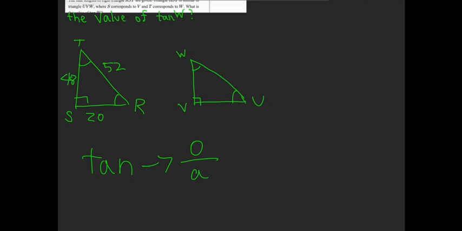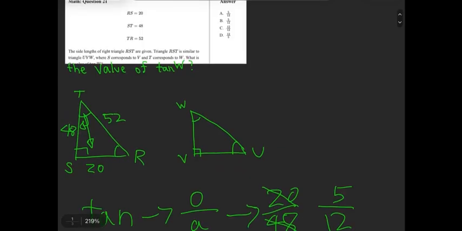The opposite of T is 20. The adjacent of T is 48. Therefore, tangent of T is 20 over 48, which can be simplified to 5 over 12. Therefore, since tangent W is equal to tangent T, the answer is B.